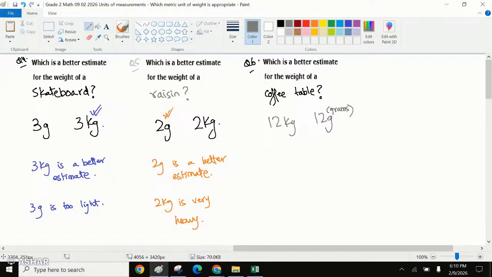This is kilograms. The weight of a table, the table has to be heavy, right? So if it needs to be heavy, we need to say 12 kilograms is a better estimate, while 12 grams is very lightweight.